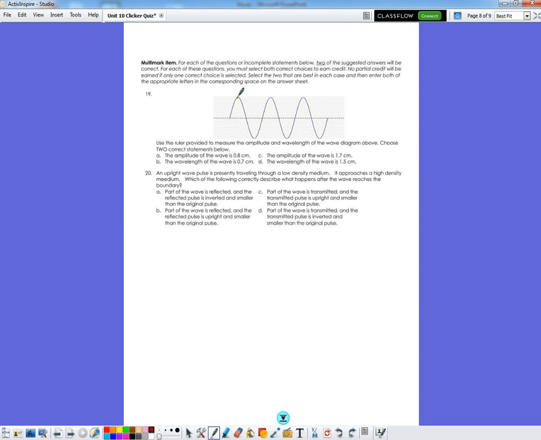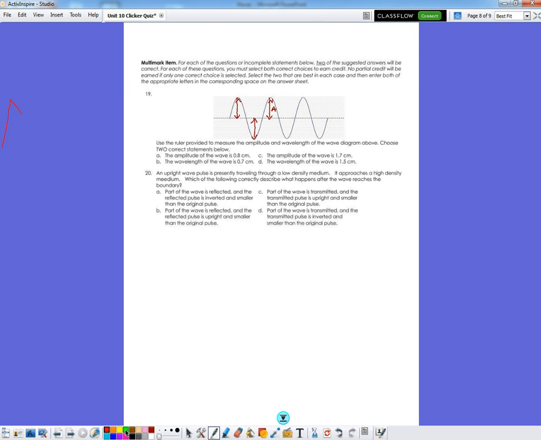We know that when we calculate the amplitude, it's from here to here, or here to here, at any point. That is your amplitude. For the wavelength, let's choose a color and write this one.